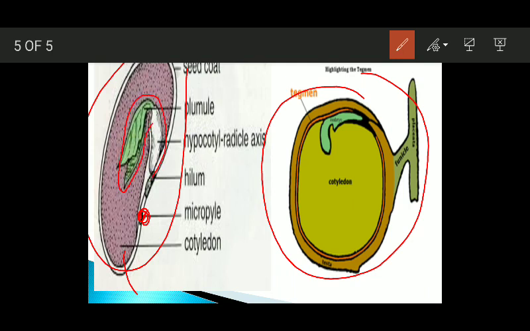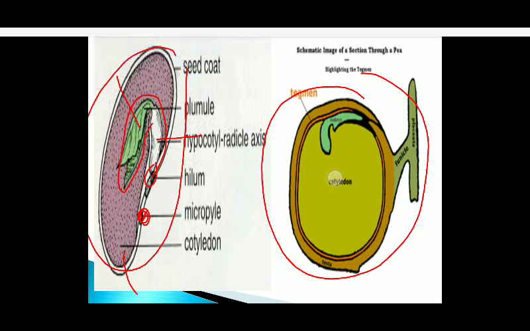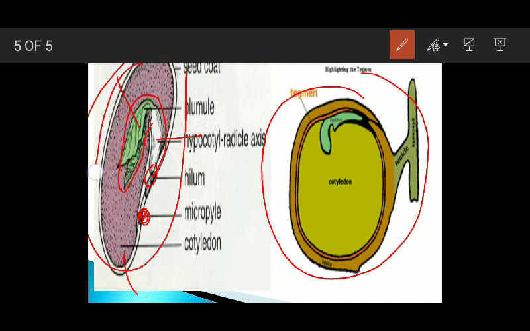This embryo consists of the embryonal axis having plumule which forms the future shoot, then there is hypocotyl, and at this end we have the radicle which forms the future root of the plant, and the whole structure is covered by the integuments. Two integuments, the outer integument is known as testa and the inner integument is known as tegmen.